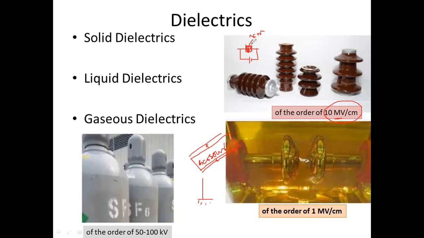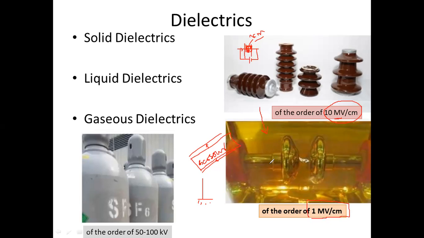So this is a very good insulator, a very good dielectric, that in a 1 centimeter gap it can withstand 10 megavolt of voltage, blocking this amount of voltage from passing. Next to the solid is the liquid, whose dielectric strength is on the order of 1 megavolt per centimeter.